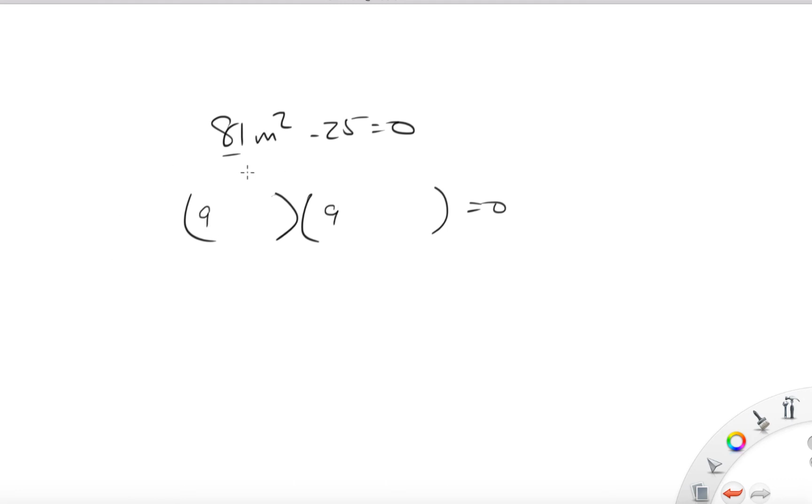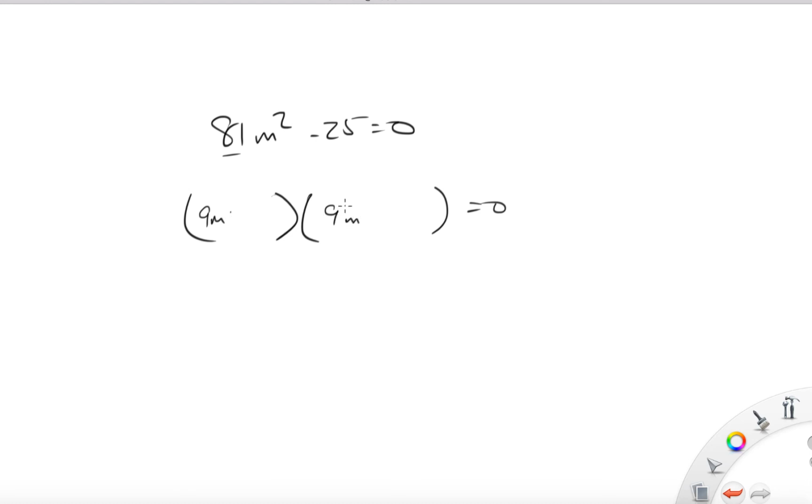Let's go to the next one. 81m squared minus 25 equals 0. We know that we're going to have two parentheses, and this has to equal 0. What times what equals 81? Well, we know that 9. Because it's m squared, it's going to be m and m.